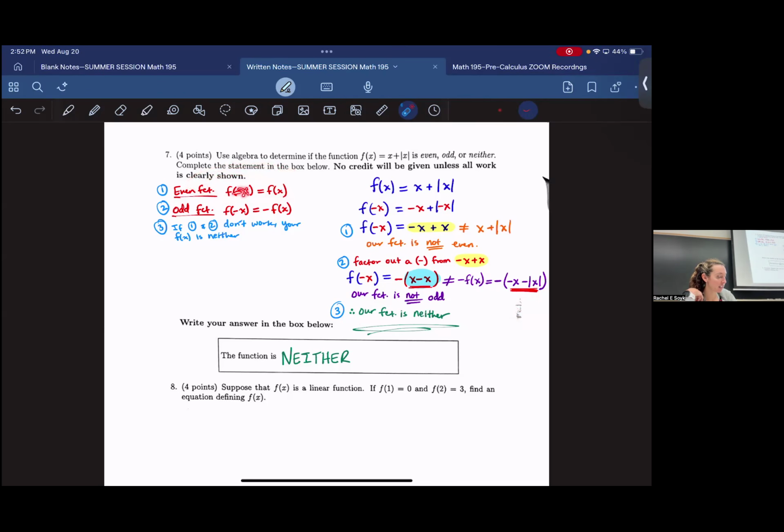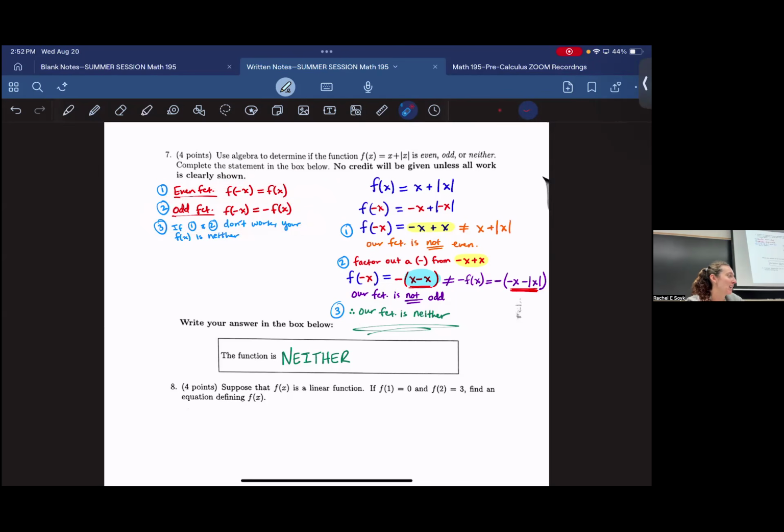Your input is negative x and it spits out your output, which means all of negative x values give you positive x values, aka a reflection across your y-axis. So the definition of even functions is reflections across your y-axis, whereas the definition of odd functions is reflections across the origin, which is a reflection across both your y-axis and your x-axis.